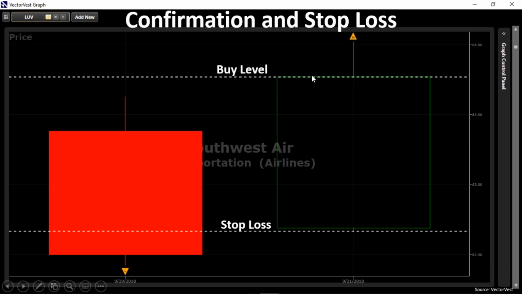But that didn't happen because the stock closed way up here. Short covering along with buying caused the stock price to close above the open of the previous day, forming the one white soldier. There's the buy level, your confirmation level, always going to be the close of the unfilled green bar. Stop loss level is always going to be the low of the unfilled green bar, not the lower of the previous two lows like the Harami.